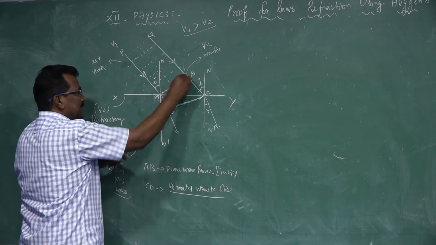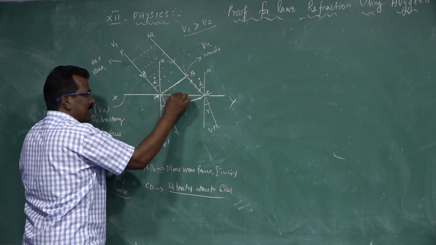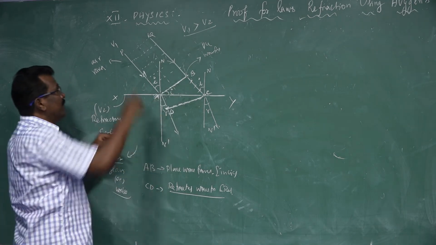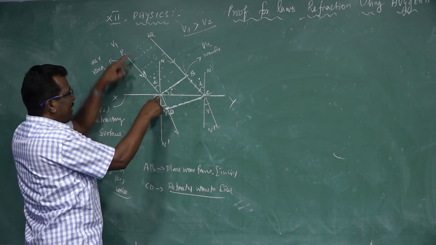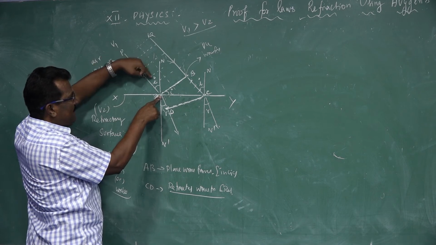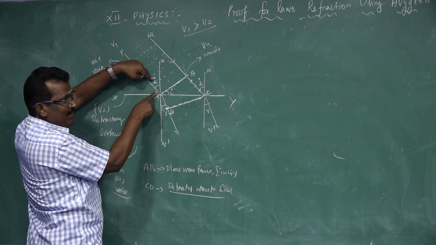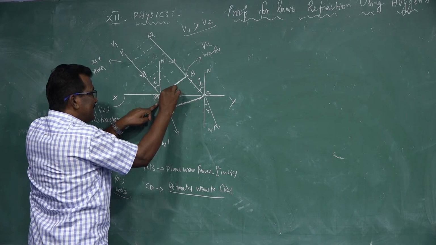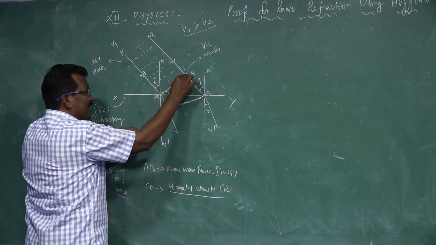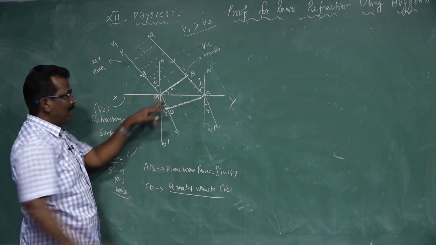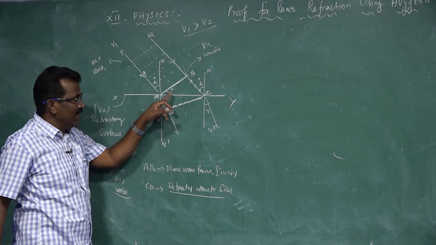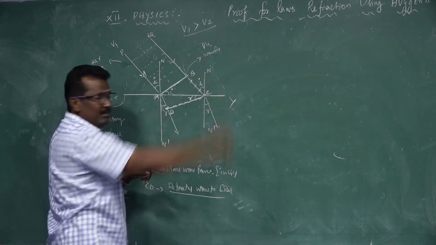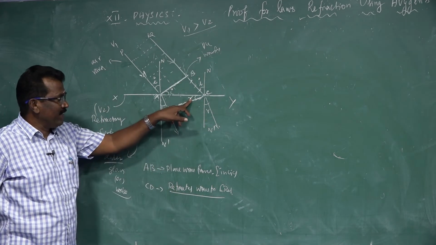See, PA is the incident ray on the refracting surface, which makes an angle I. So I is the angle of incidence for the ray, and this side represents the angle of incidence for the plane wavefront. If this is I, this is R, the angle of refraction.